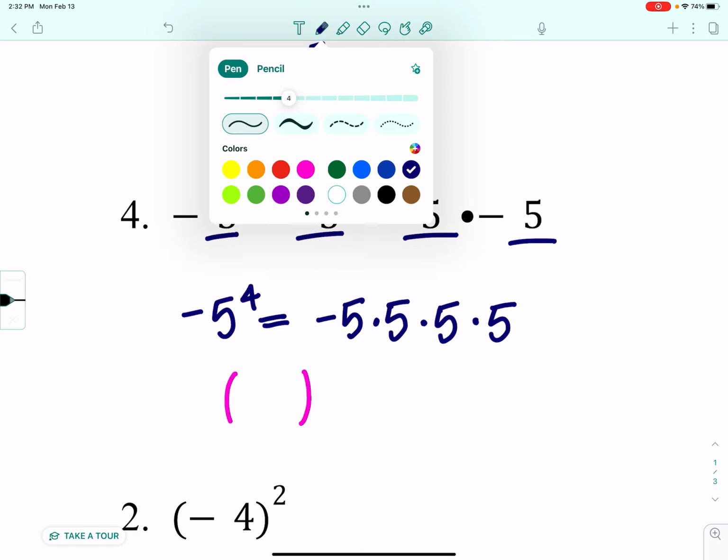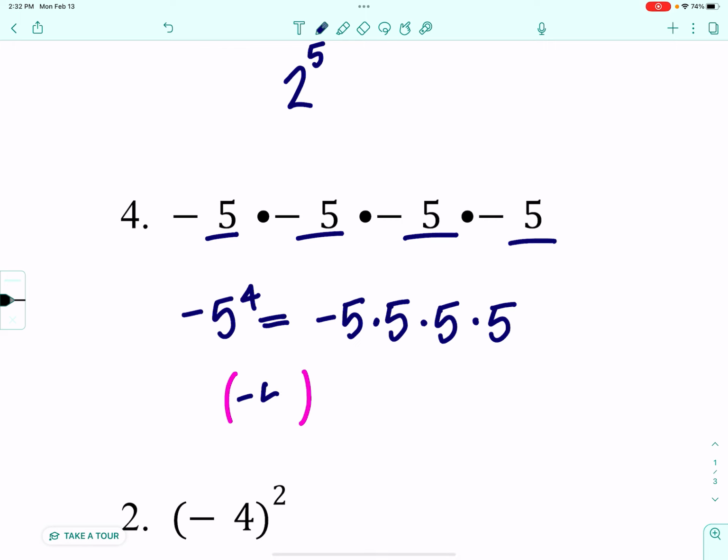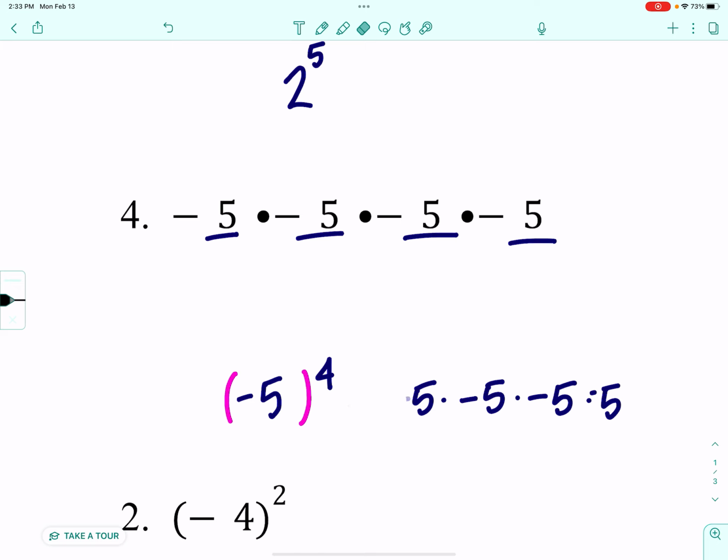And to do that, we're going to use parentheses. That will give you what we're looking for. Those parentheses mean the negative sticks with the 5 every time it gets multiplied. So be very, very careful when it comes to negatives and powers.